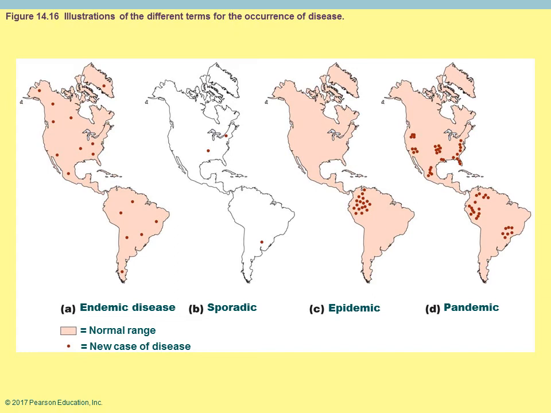Sporadic outbreaks is where all of a sudden you have in small locations an outbreak. Epidemic is when you have a lot of cases within a certain area, say within a certain region, within a certain state. And then a pandemic, which is what we are seeing now, is where you have outbreaks globally.